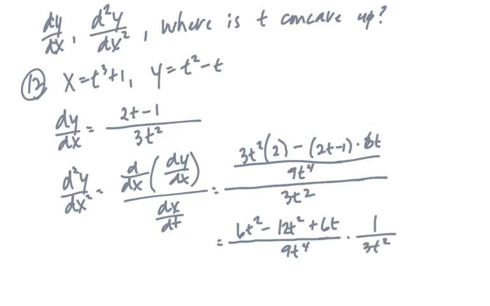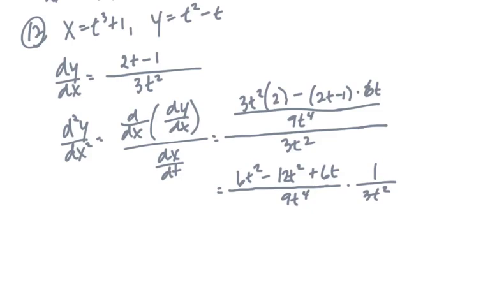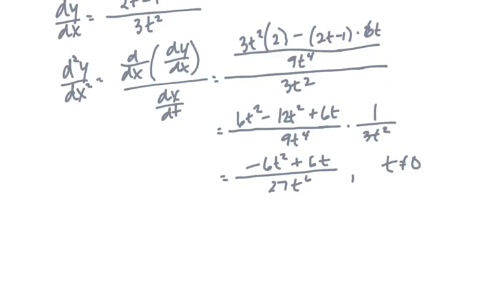So let's simplify the numerator and the denominator. The numerator becomes 6t squared minus 12t squared, which is negative 6t squared plus 6t. And the denominator becomes 27t to the sixth. Now notice t cannot be 0, so that restricts our domain. Let's simplify this further.